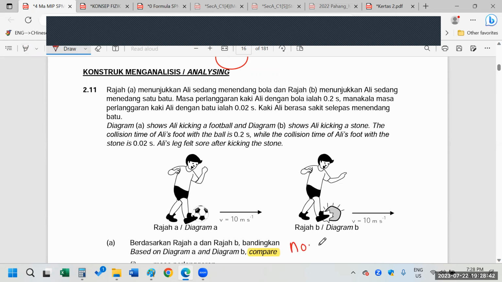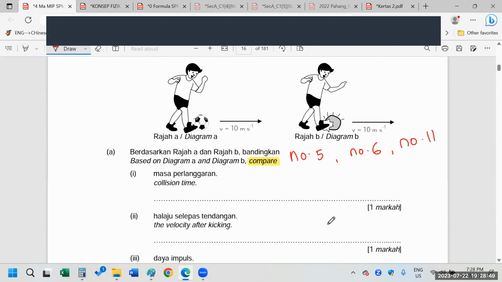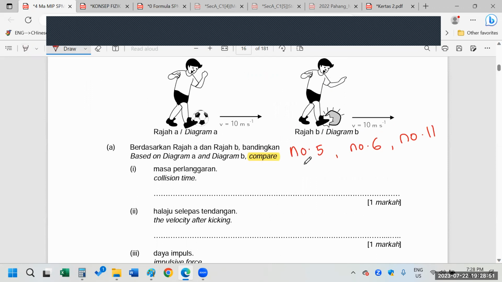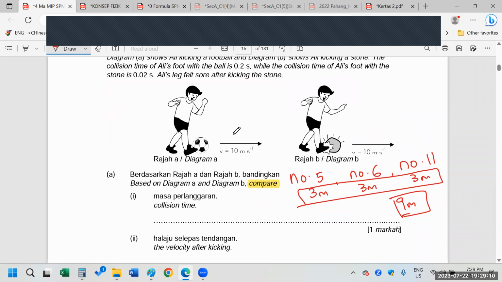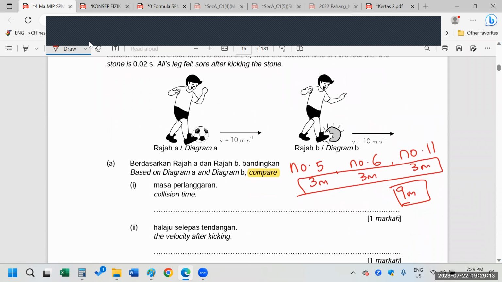Normally number 5 and number 6 and number 11 will have at least 3 compare. 3 marks, 3 marks, 3 marks. Means totally 9 marks. So you must know the format to compare.